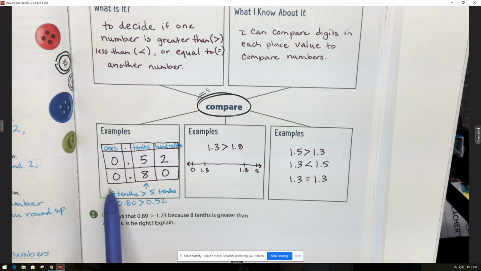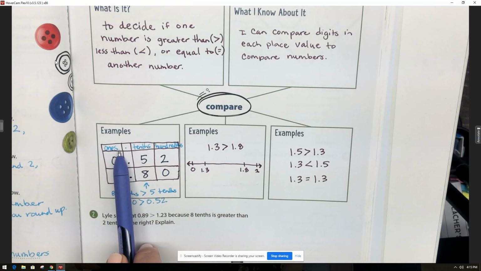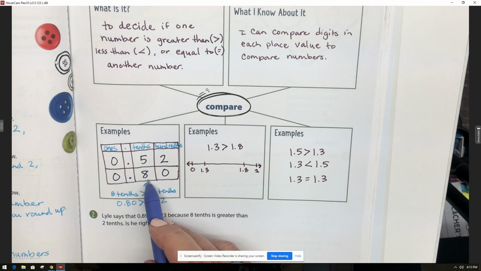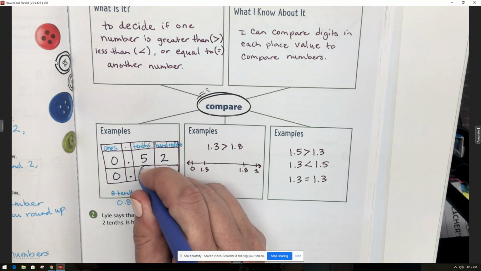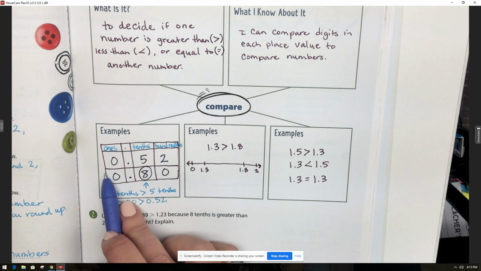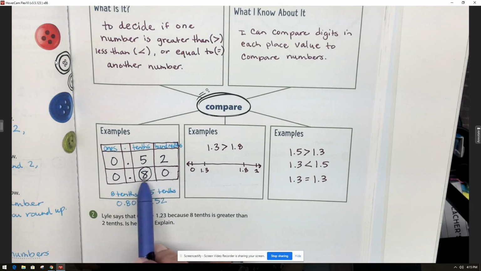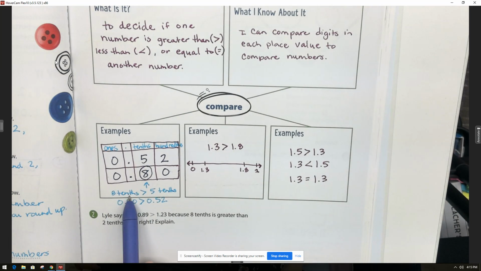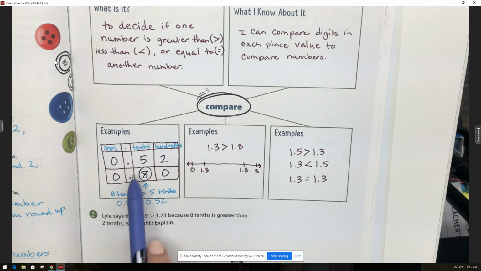In this case, we've got zeros in the ones, so we're going to move to our tenths. And immediately we see that the 8 is larger than the 5. I like to circle it because that helps me remember which decimal value is greater. So we know that 8 tenths is greater than 5 tenths.